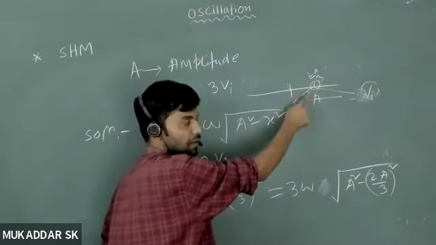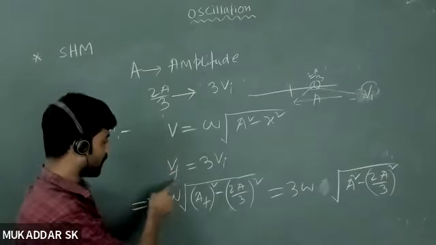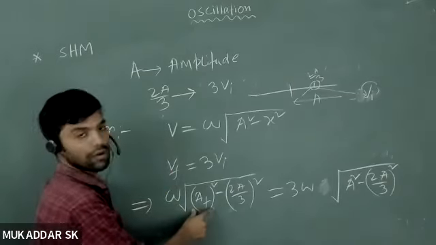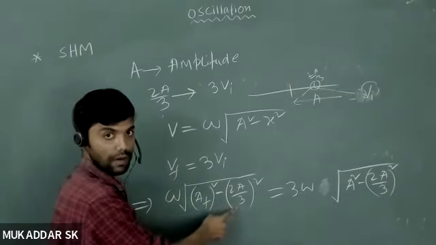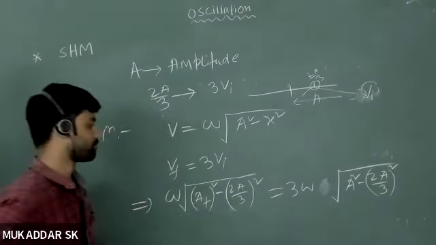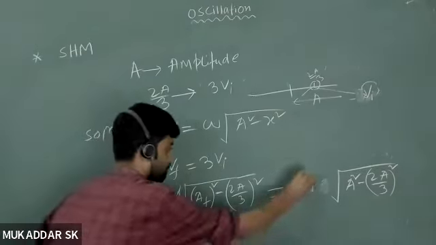Now there is a sudden impulse that causes the velocity to become thrice, so I'll use this formula, 3vi equals omega square root of F square minus x square. I don't know that amplitude now, that I'll calculate, and I am measuring that velocity at 2a by 3 itself. Now omega will be cancelled.